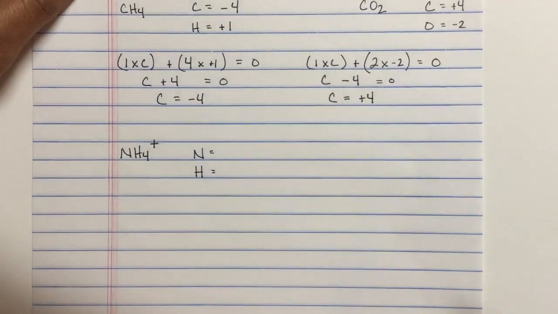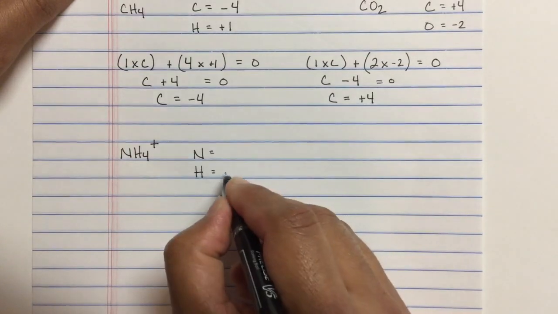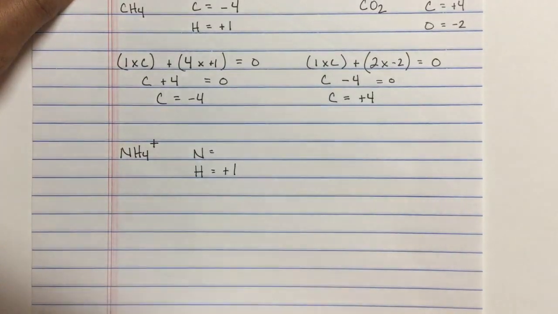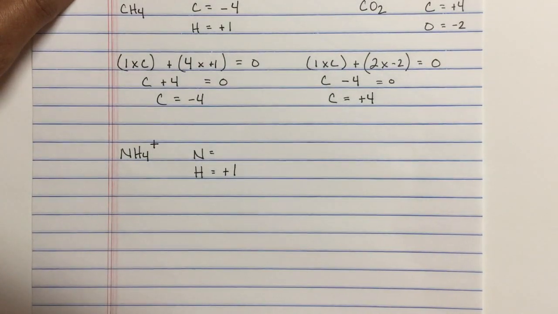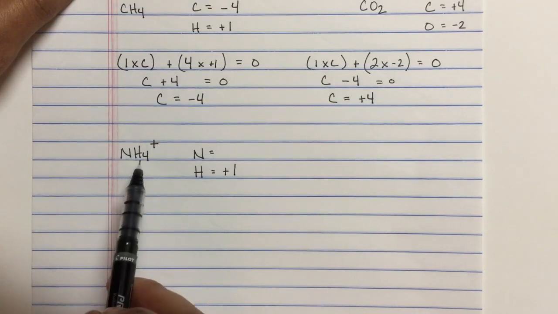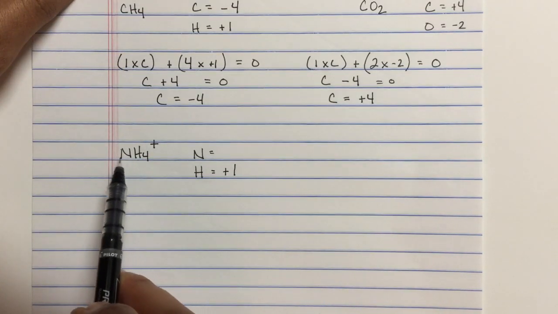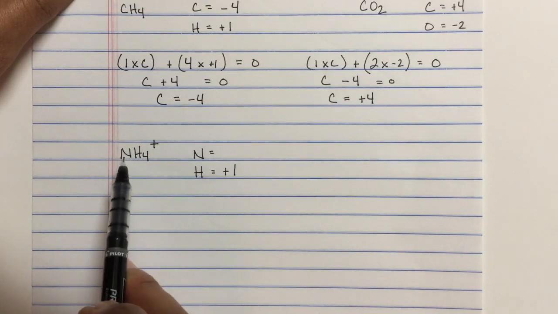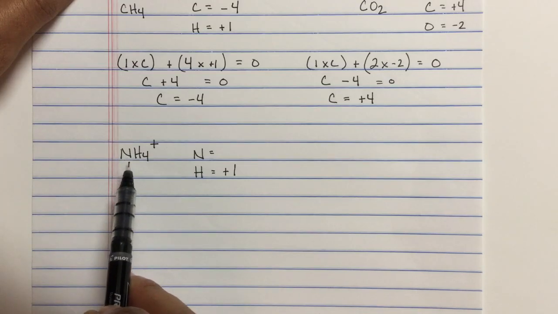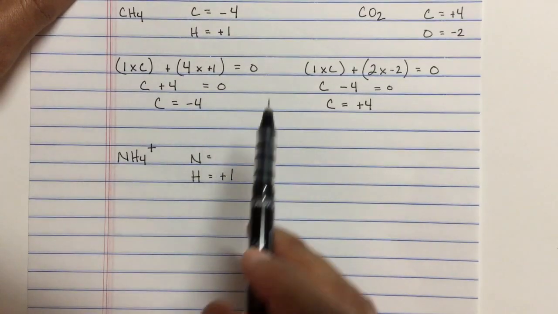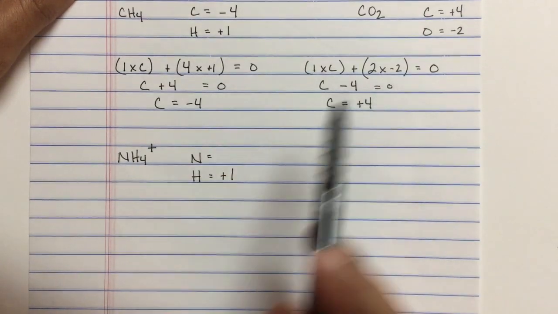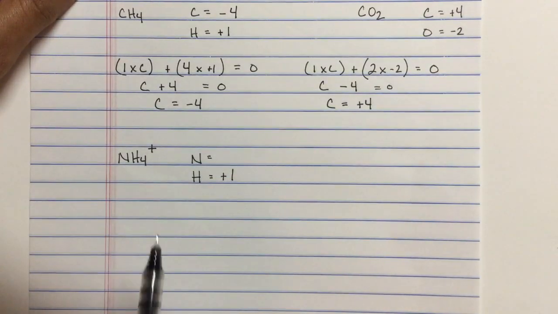Now, that doesn't change the rule for hydrogen. Hydrogen is still a plus 1 for sure. But it does change how we approach this just a little bit. Remember, the sum of the oxidation states should equal the net charge. Up here, the net charges were 0 and 0. Here, the net charge is plus 1.